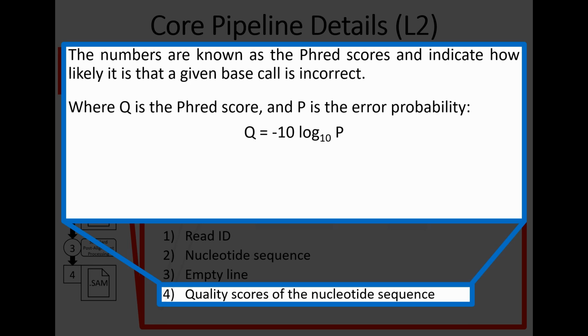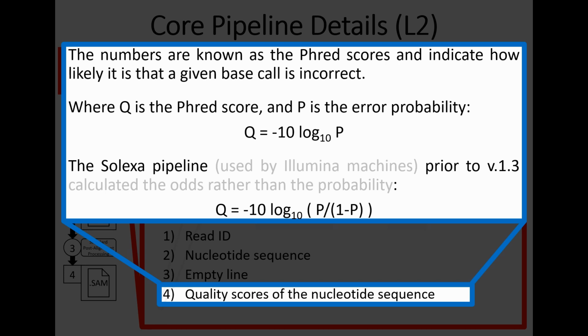In specific cases, such as the Solexa pipeline prior to version 1.3, the formula is Q = -10 × log(P / (1 - P)), where Q is the Phred score, P is the probability of the call being incorrect, and log is in base 10.